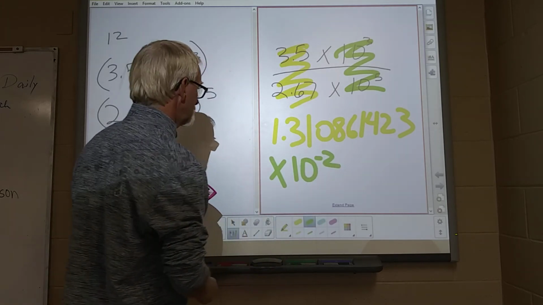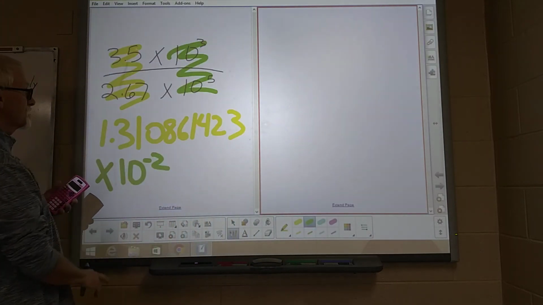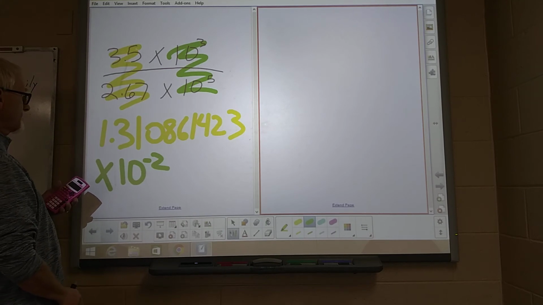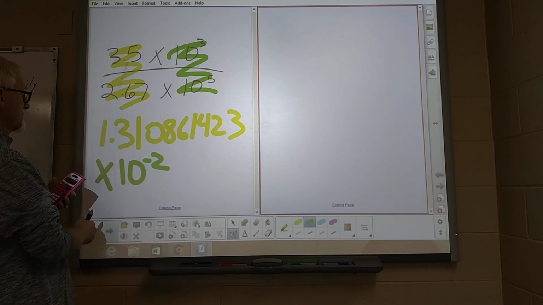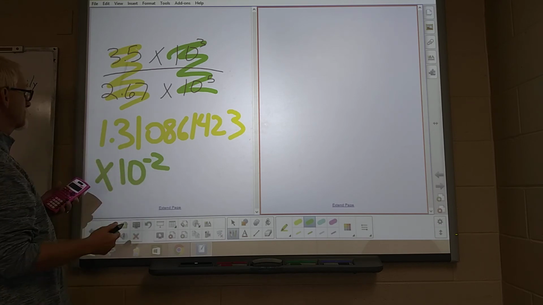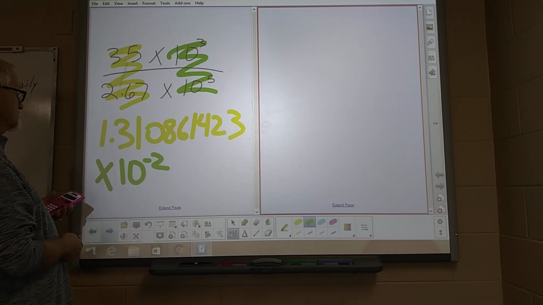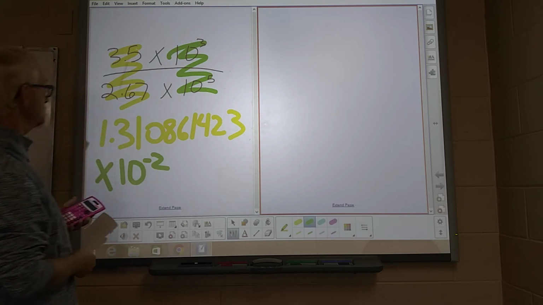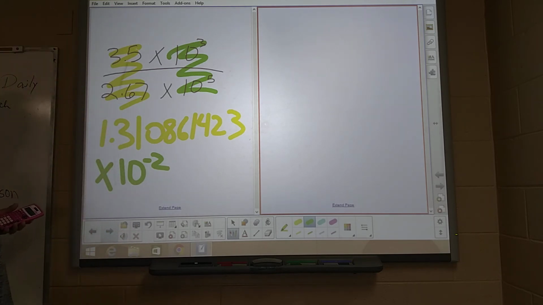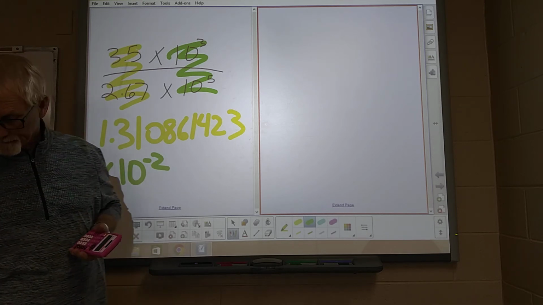All right, so then we could move it 2 places to the left, or you could just write it like that: 1.3 times 10 to the negative 2nd. And I just leave it there because you've got one digit in front of the decimal. And that equals the answer.